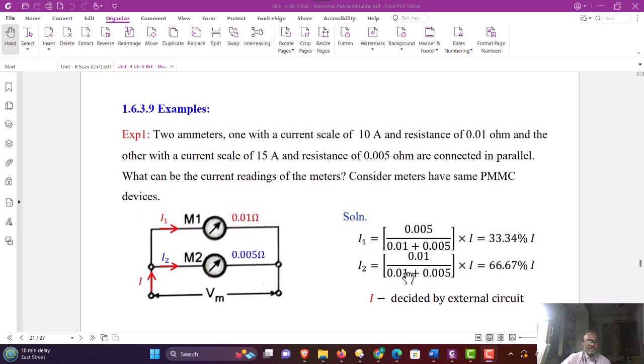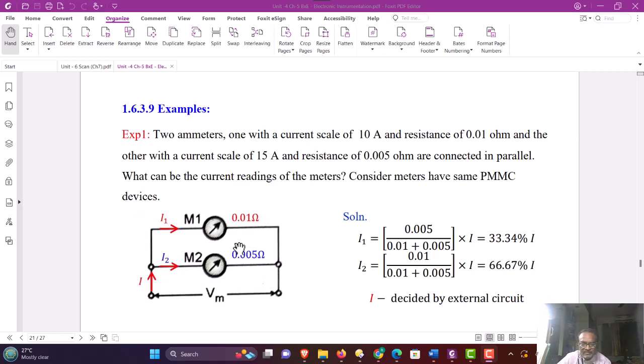So we use the current division principle again. I1 is given by the resistance of meter 2 divided by the total resistance into current I. So note here, when you want to find the current through the parallel combination of any number of meters, then you can take the equivalent resistance coming across that meter in the numerator and the total resistance in the denominator and multiply it by the total current.